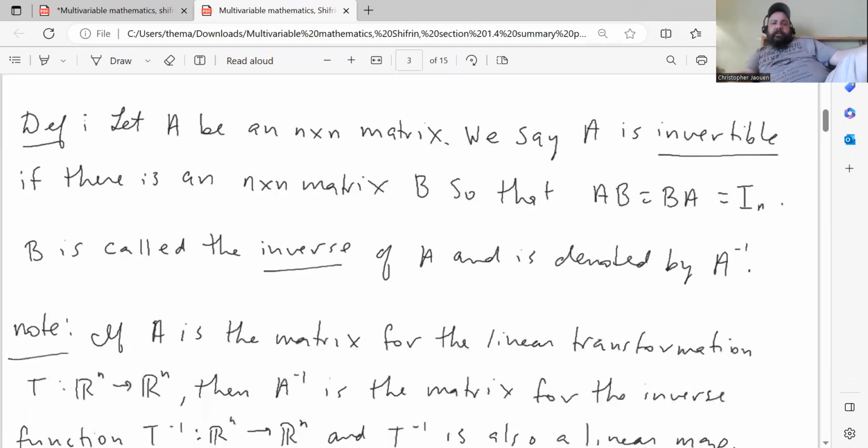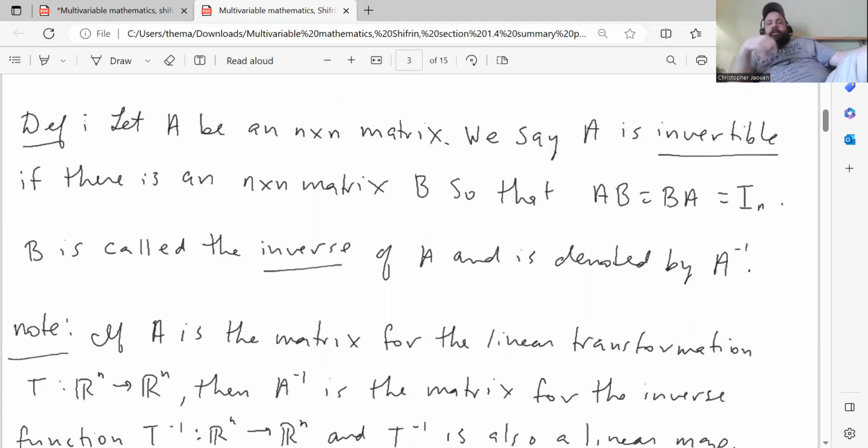Right, another definition. Let A be an n by n matrix. We say that A is invertible if there's an n by n matrix B so that AB equals BA equals the identity matrix. B is called the inverse of A, and we denote it by A with a superscript of minus 1. There's no notion of dividing by a matrix, but there's the notion of multiplying by a multiplicative inverse.